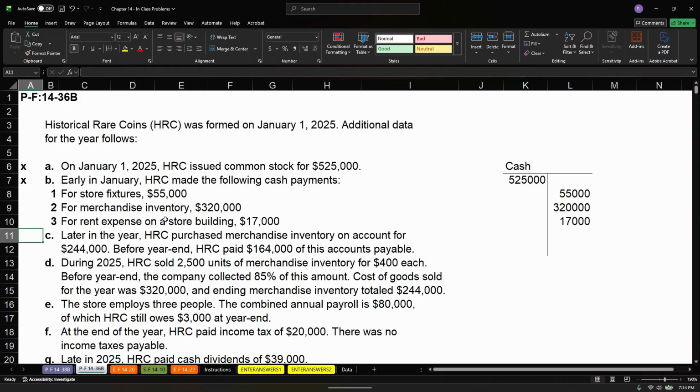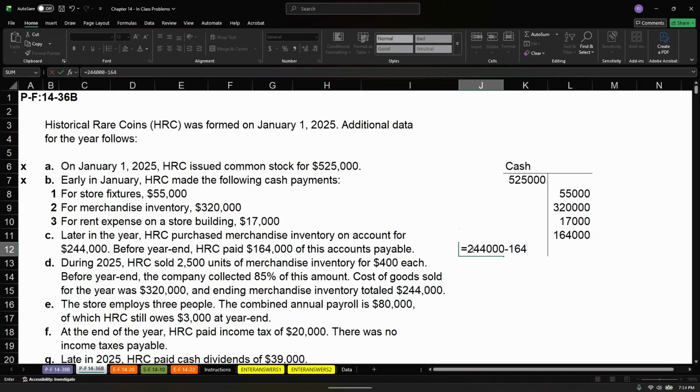Okay, later in the year, we purchased merchandise inventory on account for 244,000, and before year end, we paid off 164,000. Okay, so I know cash going out is 164,000 because we paid off those accounts payable with that. What is my ending balance of accounts payable? I had 244,000.